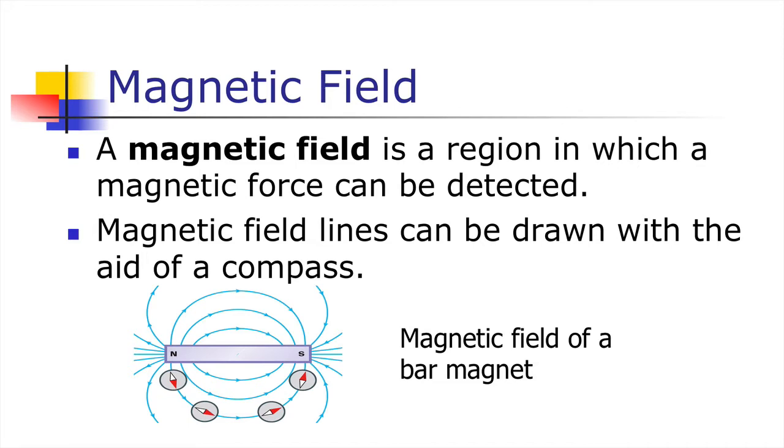So like electric field, there is also something we call magnetic field. If you try to connect the dots, we have seen the gravitational field in one of the previous chapters.